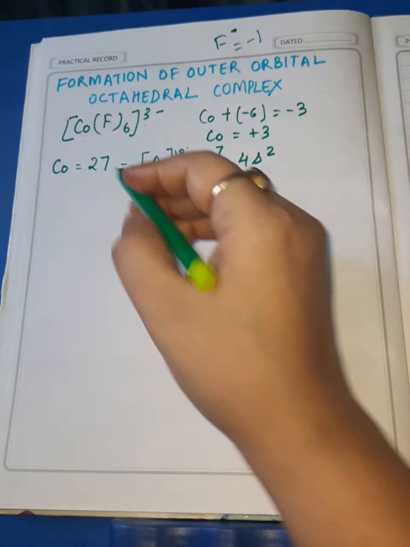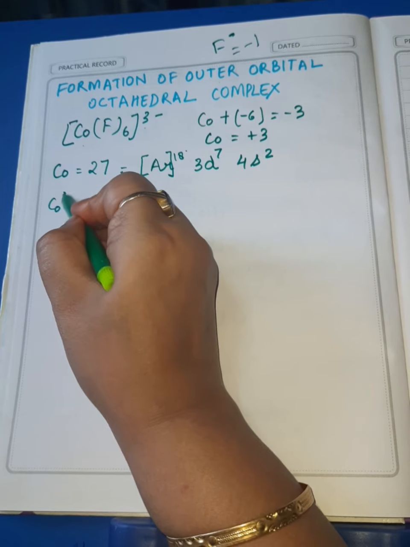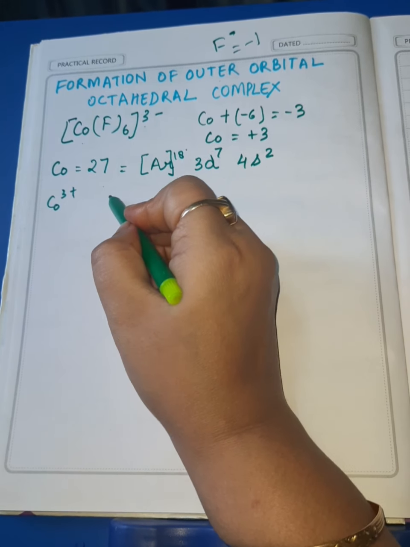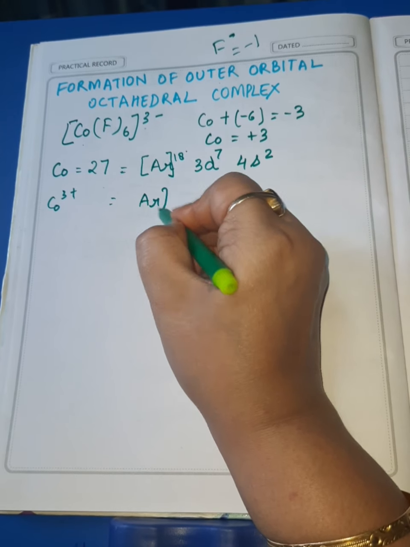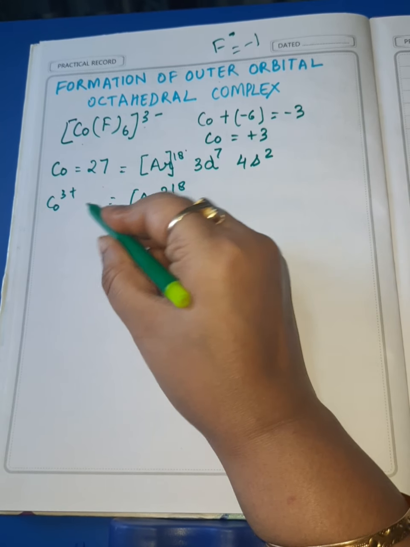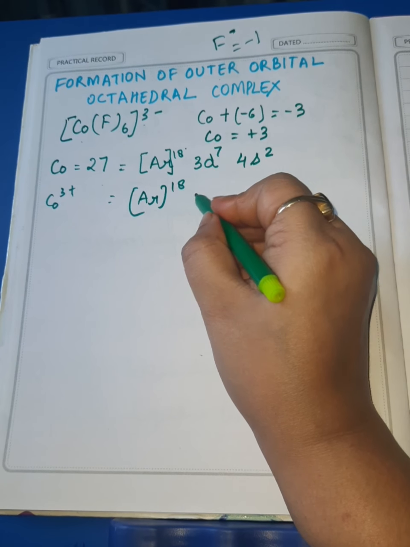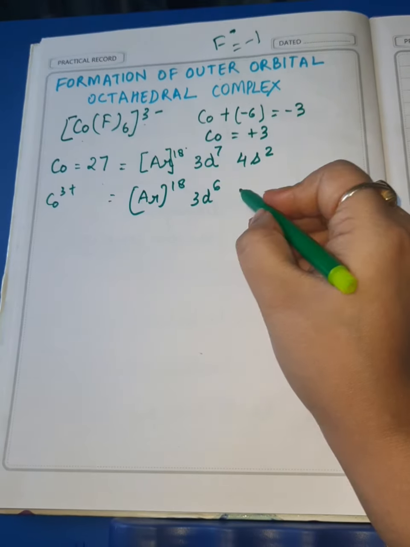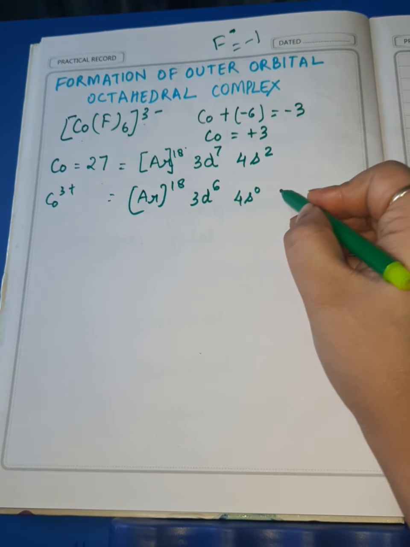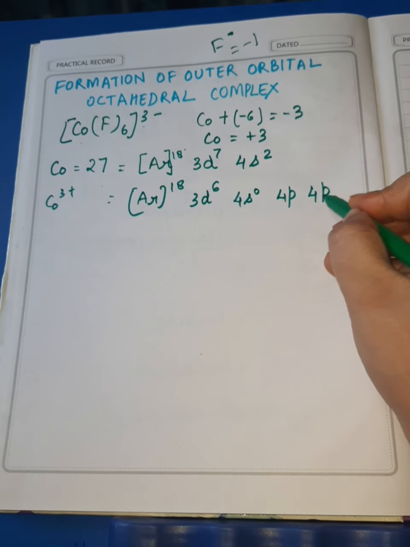Now cobalt forms this complex in its +3 oxidation state, Co3+. So the configuration is argon 18. Now 3 electrons are to be removed, 2 from 4s and 1 from 3d. So 3d gets 6 electrons and 4s becomes vacant, and then we have 4p vacant and 4d vacant available orbitals.